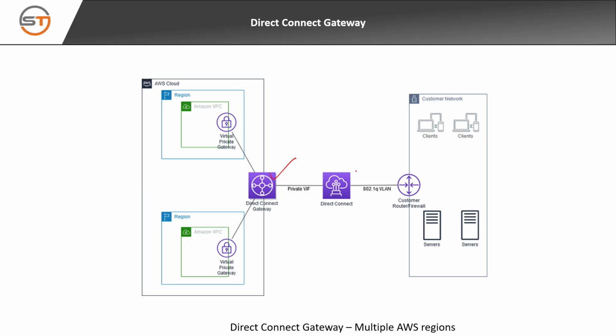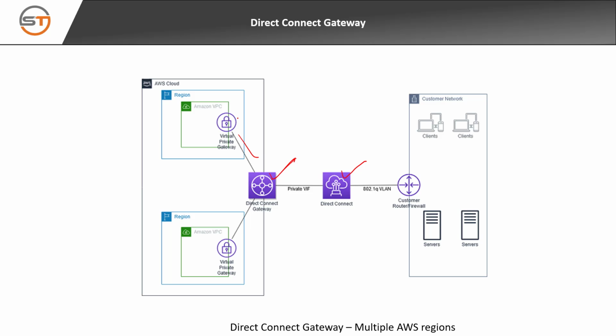So we have a Direct Connect connection and then we have Direct Connect Gateway, which enables us to connect to multiple VPCs. AWS Direct Connect Gateway is aimed at making it easier to connect from a single Direct Connect location to multiple AWS regions or VPCs. The Direct Connect gateway is connected to multiple VPCs in different AWS regions via the virtual private gateway.